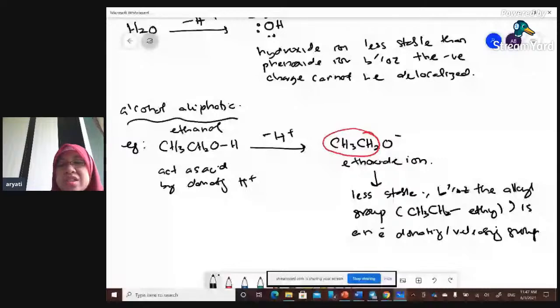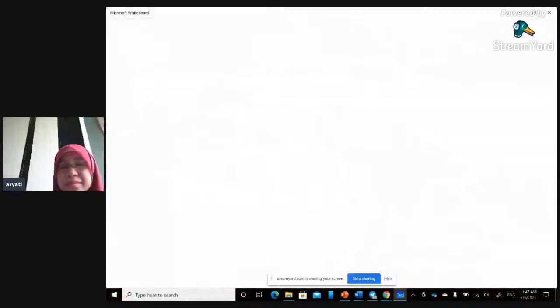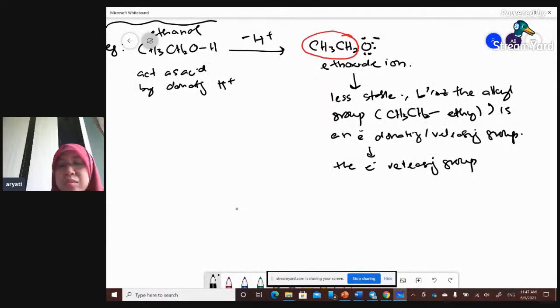So bila oksigen yang bercas negatif ni terikat pada electron releasing group, apa yang electron releasing group akan buat? Okay, the electron releasing group will increase the electron density at oxygen atom.